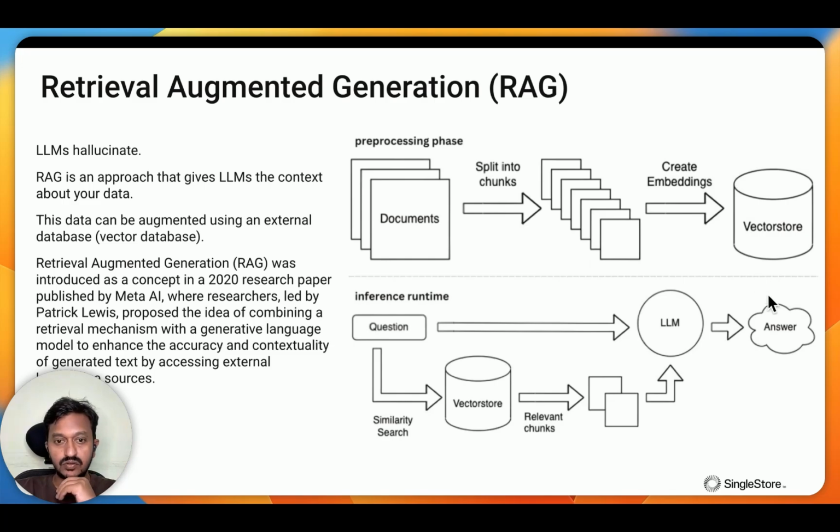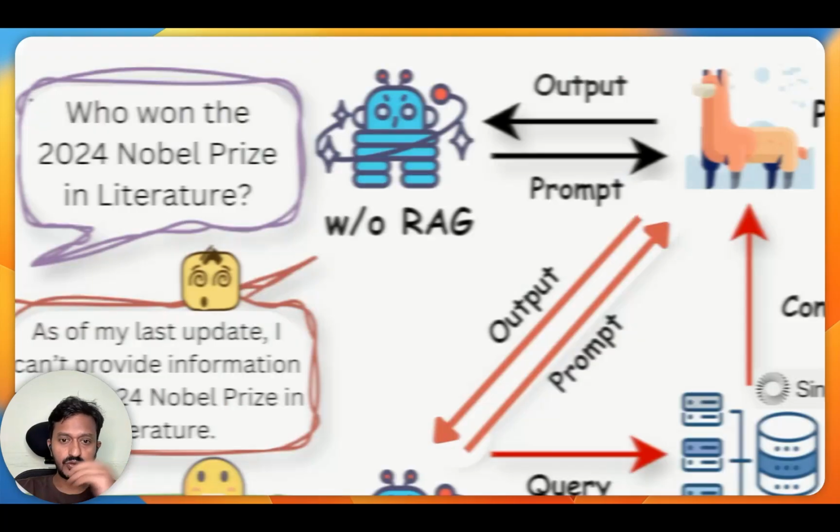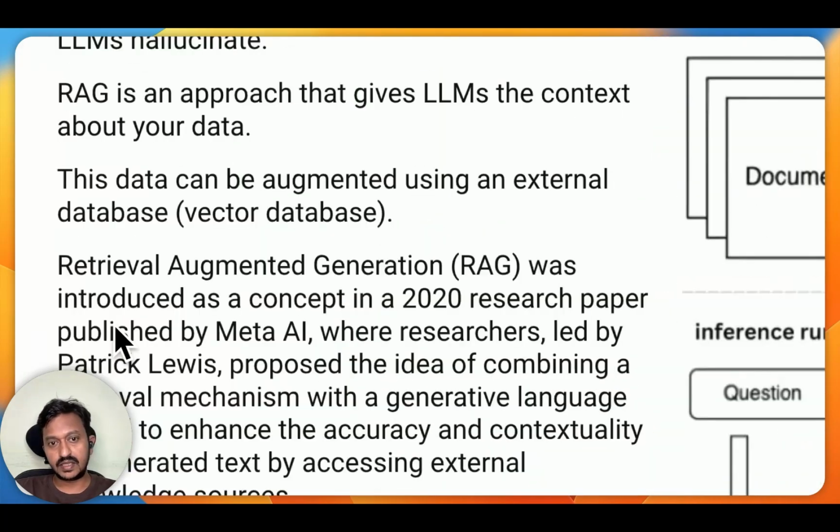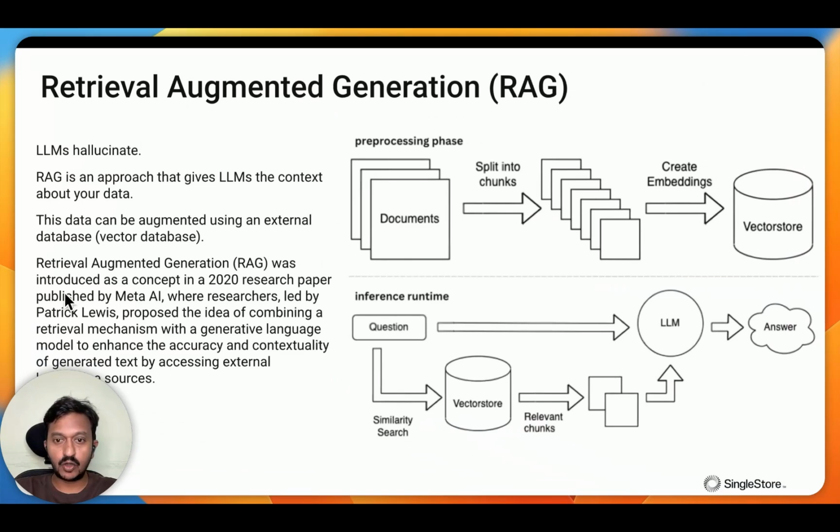Okay, so here also you can see the same, right? There is a pre-processing phase where the documents get split into chunks, and that's how vector embeddings are created. Each chunk is assigned a numerical value, and all these vector embeddings are stored in a vector store.